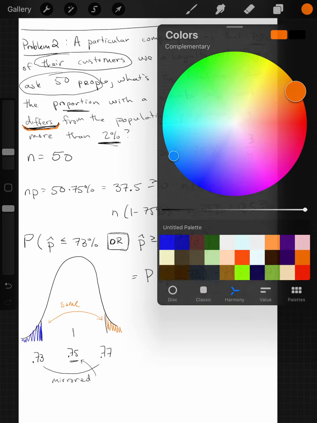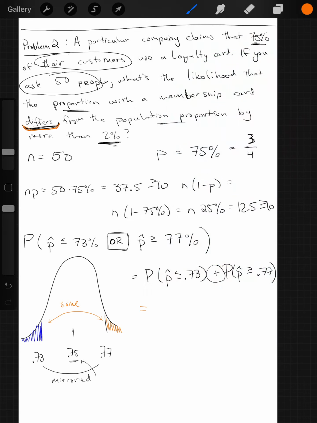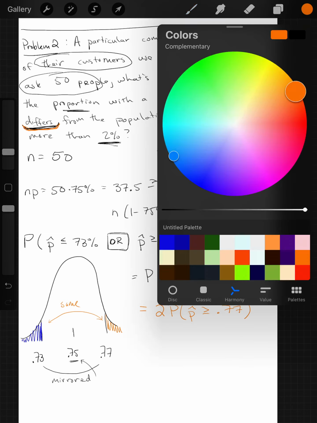But we could be clever and say that, well, since the blue and the orange are the same thing here, let's just do the orange twice. If the blue and the orange are the same, then just counting the orange twice is the same as counting the orange then the blue.